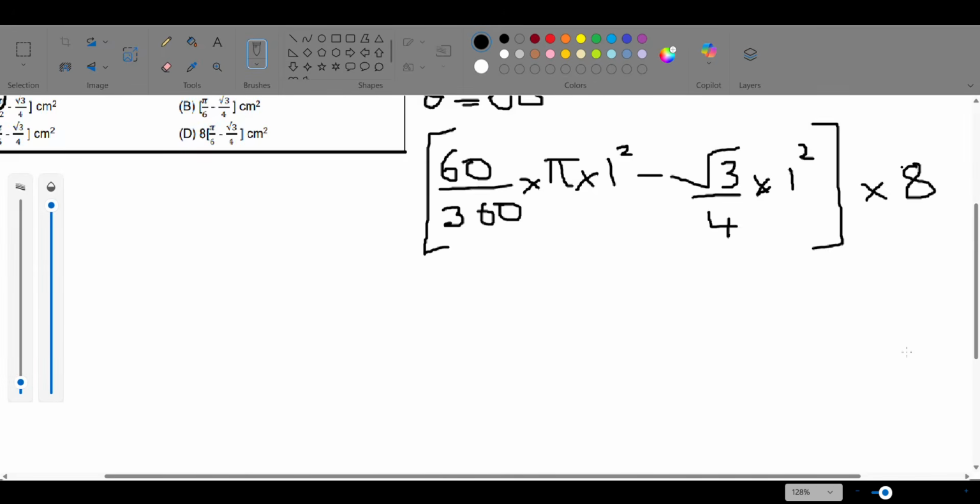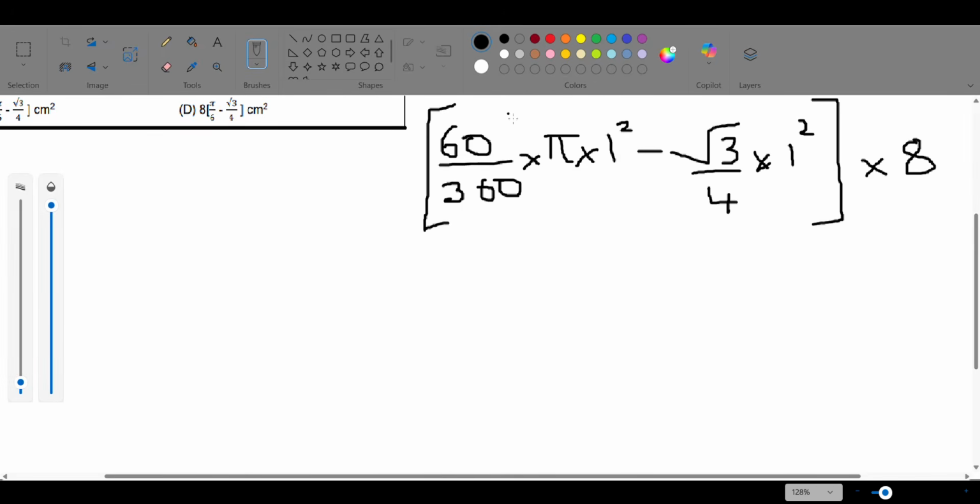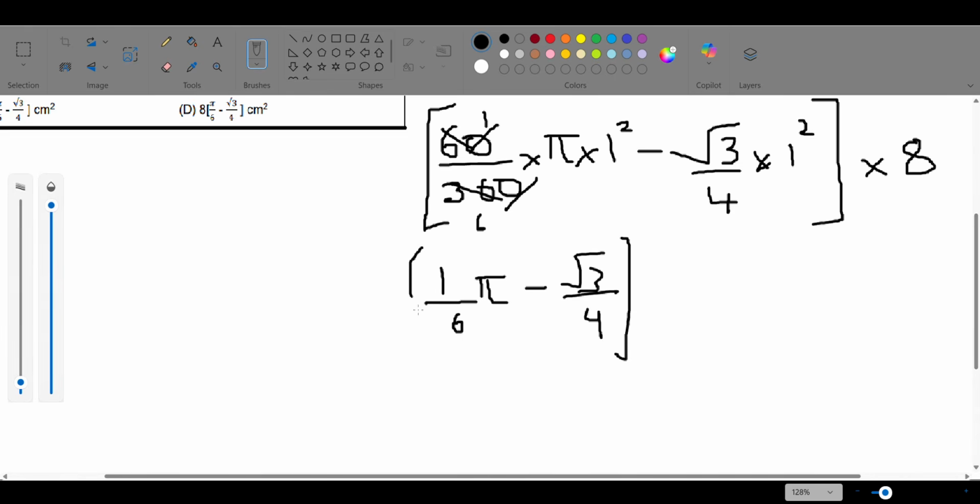Now the 60 by 360 will cancel and there will be 1 by 6. So 1 into pi is just pi. So 1 by 6 pi minus root 3 by 4 into 8.